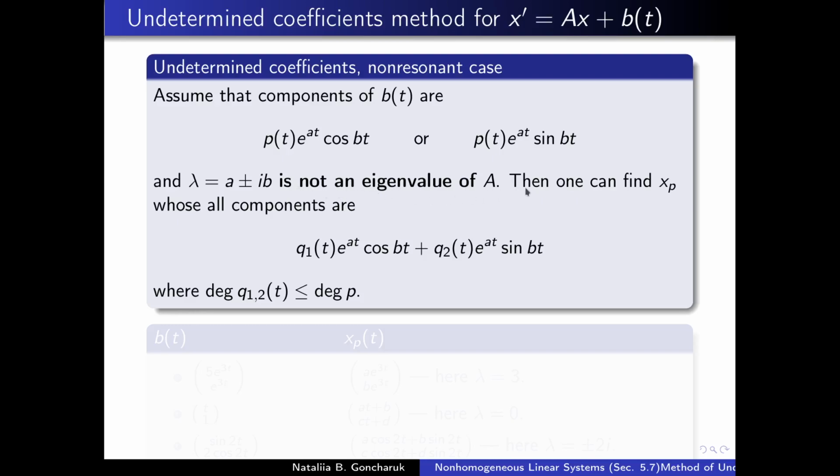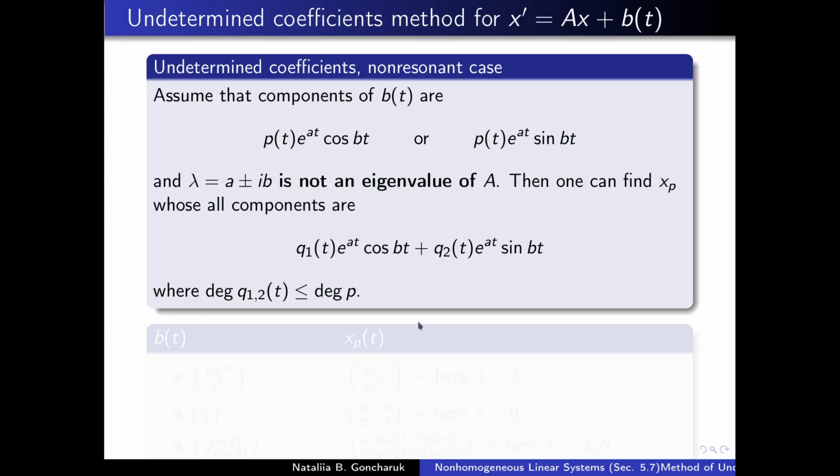Then when you try to find a particular solution, you should try the solution whose components, all components of this vector xp, will be combinations like that, where q1 and q2 have the same or smaller degree than p.